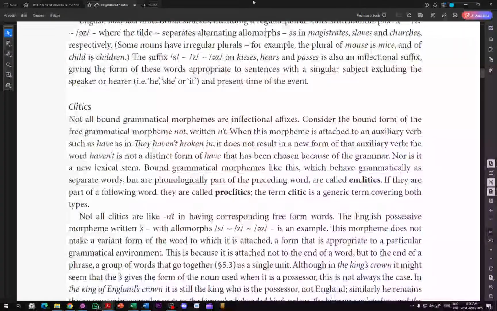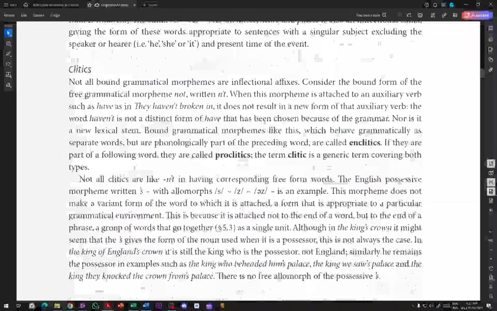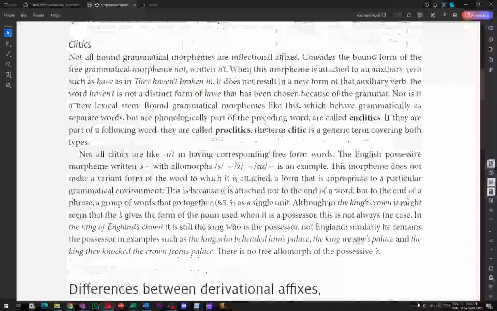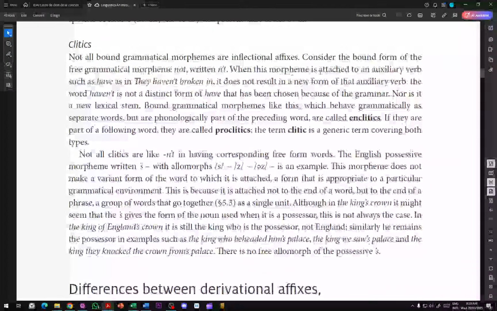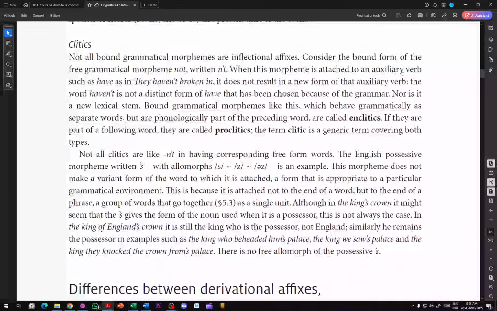Just chillin' and learning. When this morpheme is attached to an auxiliary verb, such as have, as in haven't broken in, it does not result in a new form of that auxiliary verb.